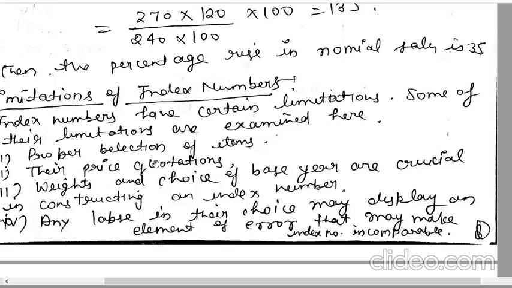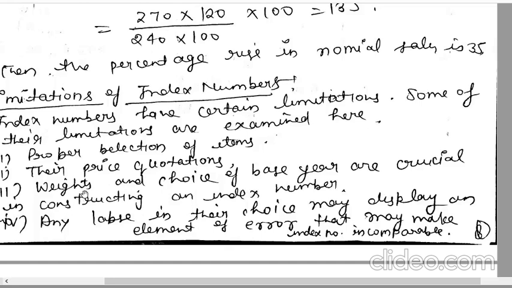Proper selection of items means if you are not selecting items and data very clearly, and their prices, then you cannot calculate your index number, right? Because index number is calculated by the time period and also by the prices, right? Their price quotations, I told you about price. Weights and choice of base year are crucial.